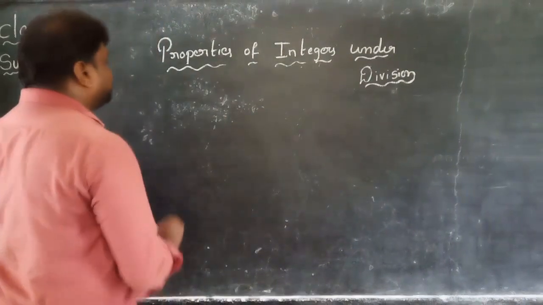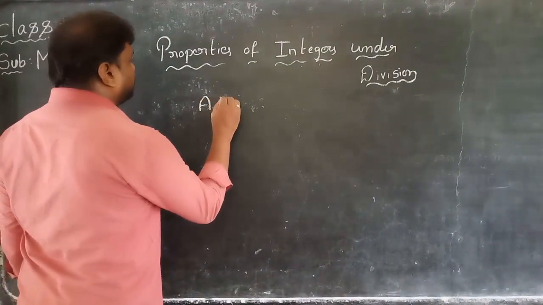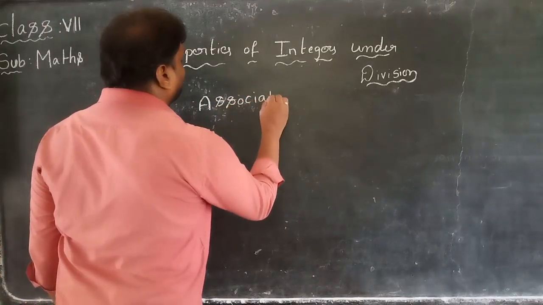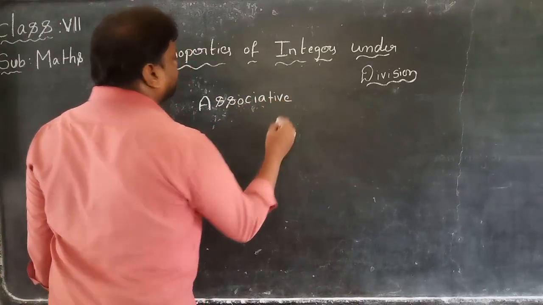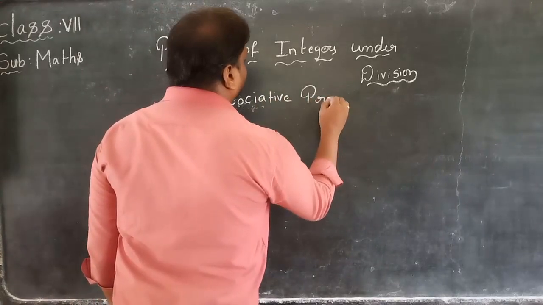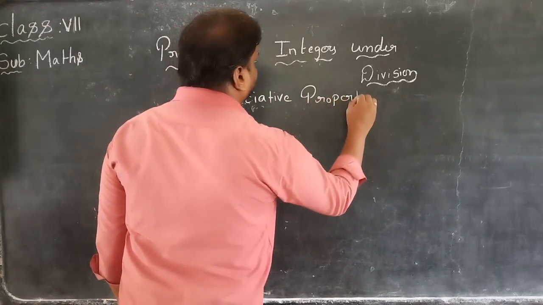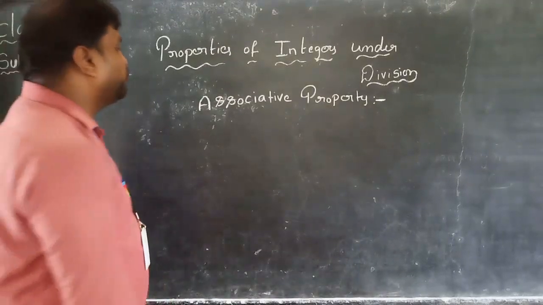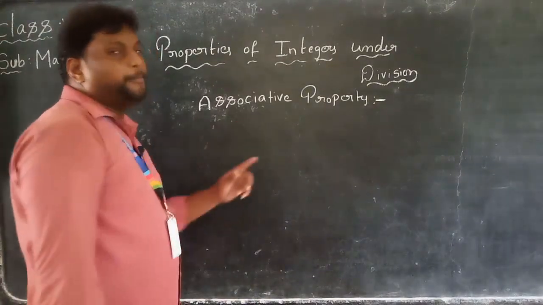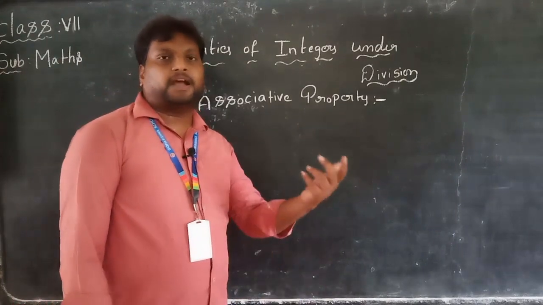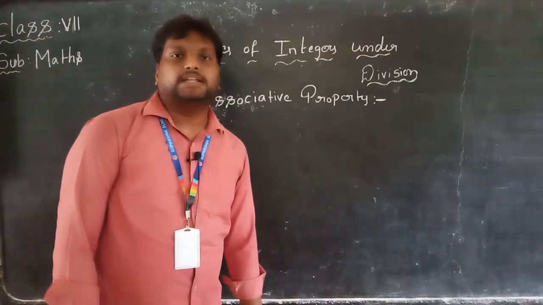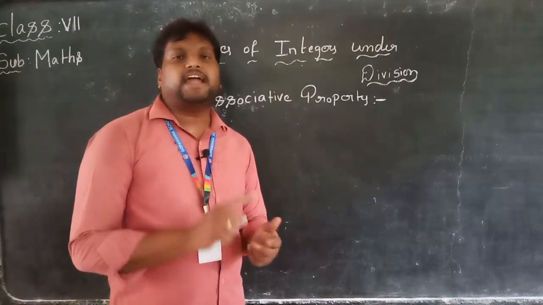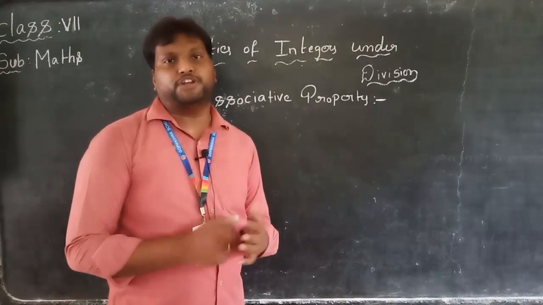Next, associative property. What is that? If the commutative property is not applicable, then the associative property is also not applicable. The associative property is applicable only for addition and multiplication, same as the commutative property.